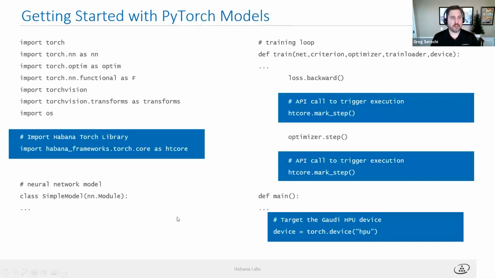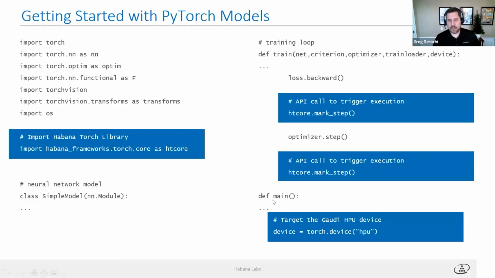With PyTorch, again, we talked about importing the Habana frameworks, the Habana fork of PyTorch, which we just call Habana Torch Core. We talked about those 2 mark steps that you need to do after loss and optimizers to trigger lazy mode execution of all those compiled ops.